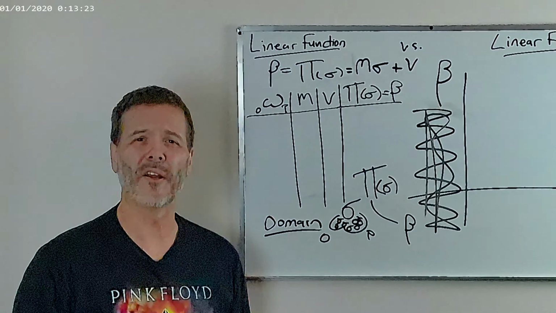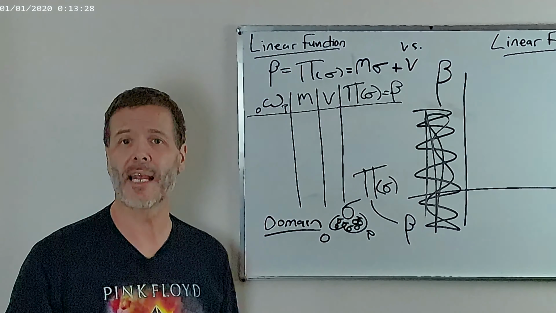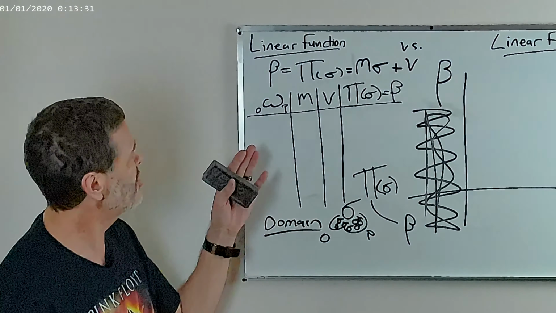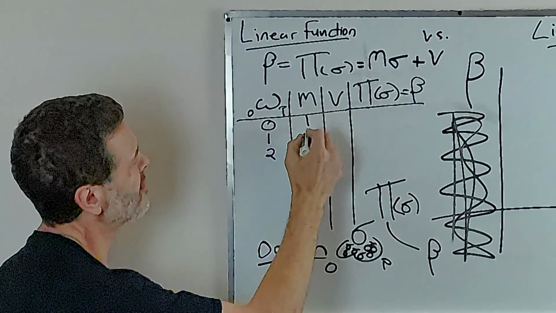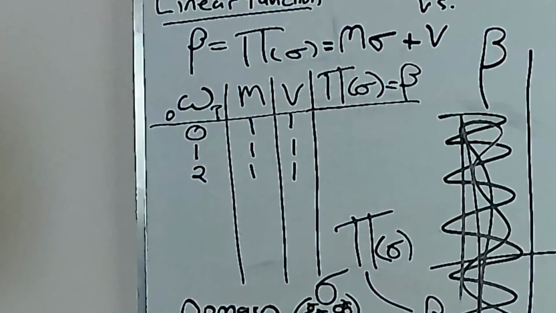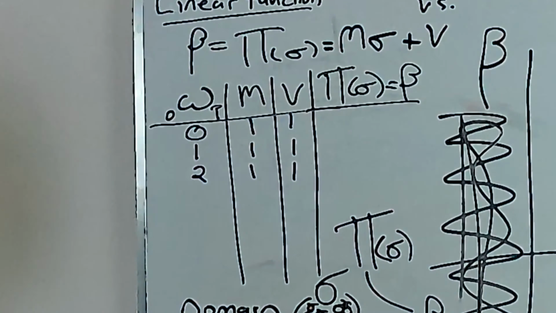So remember, the goal here is for you to figure out what I'm modeling in biology and if it's an accurate model. So let's just do some random things here. Let's just go 0, 1, and then let's do an m as constant 1, a v as constant 1, and let's plug it into the formula and see what happens. So we have 0 equals 0 plus 1 equals 1.